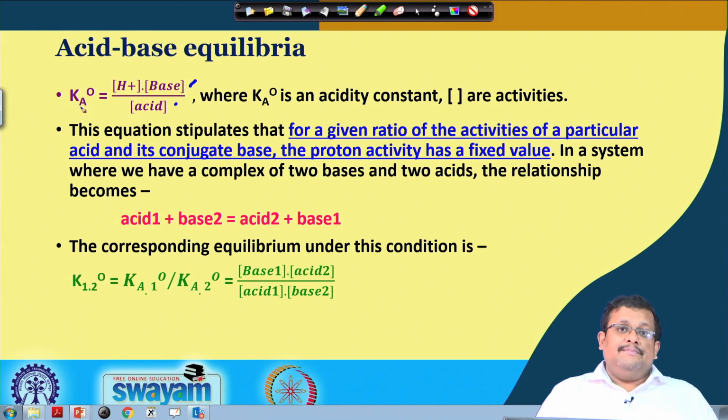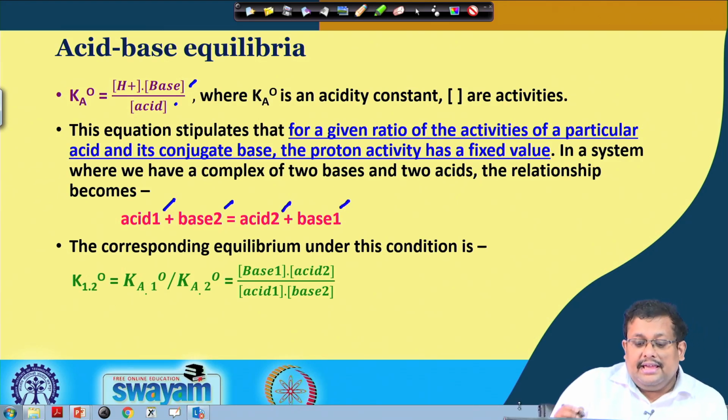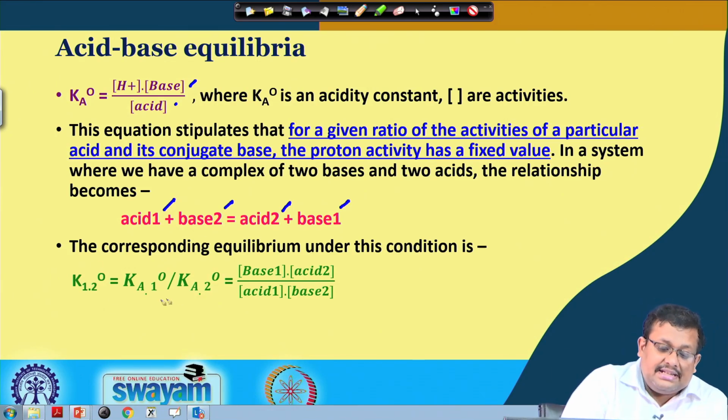So, in a system where we have a complex of 2 bases and 2 acids, the relationship becomes this, when acid 1 plus base 2 equal to acid 2 plus base 1, and the corresponding equilibrium under this condition can be represented by this K1 to 0 with the help of this ratio.